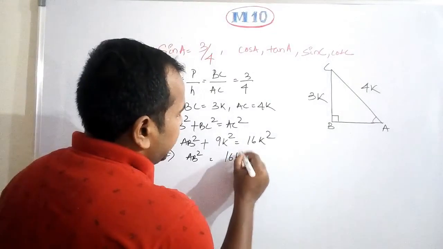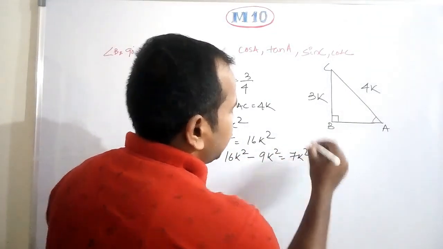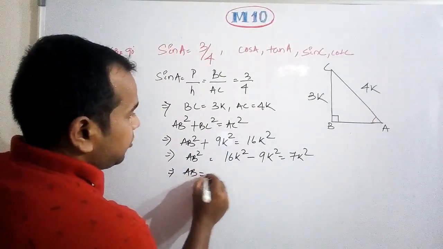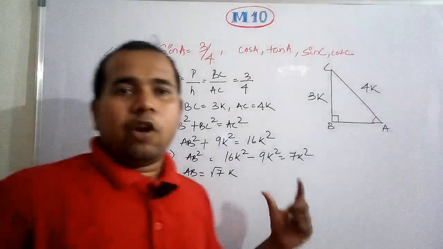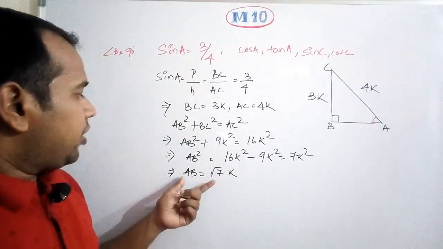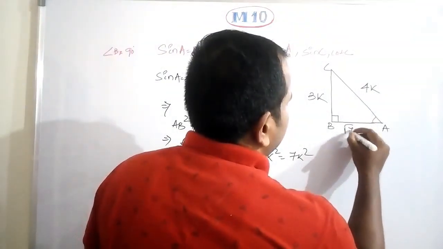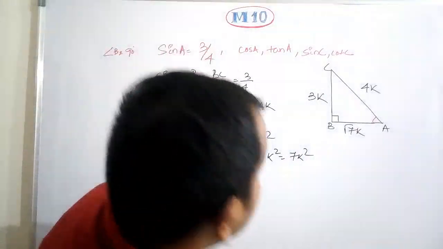That is 16K square minus 9K square, that is equal to 7K square. So AB equals root 7K. Obviously a side will never get a negative value. So AB equals root 7K. Now you have got these values.